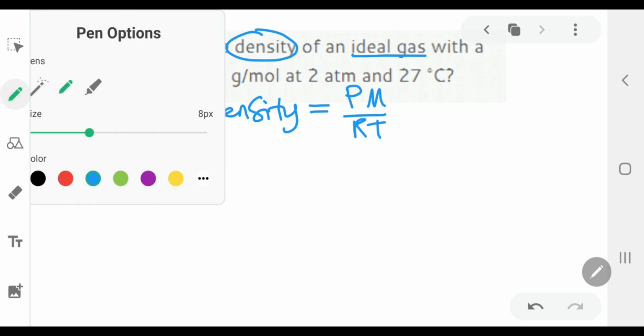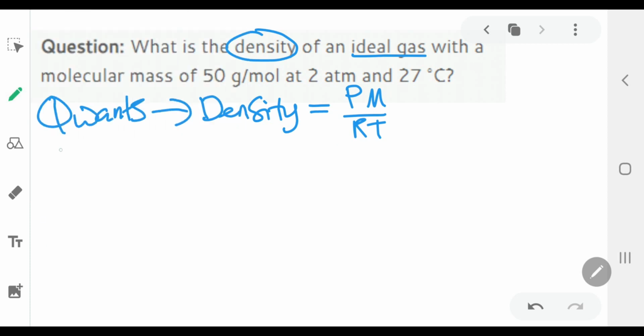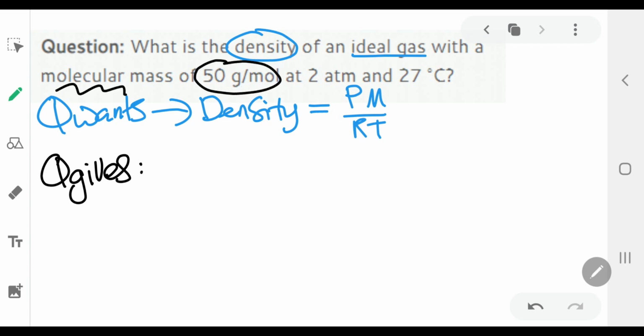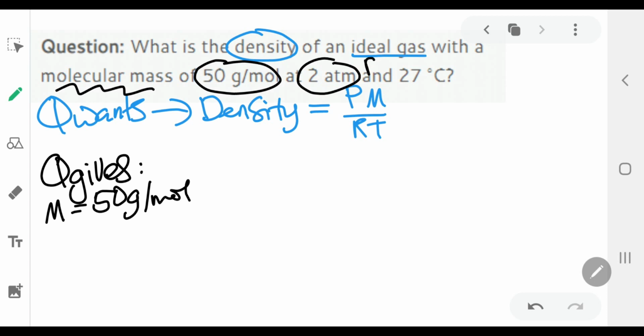Okay, now, do we have enough information? So we have to look at what the question gives. We have molar mass or molecular mass. So M is given, which is 50 gram per mole. And then you have over here, that is your pressure and that is your temperature.